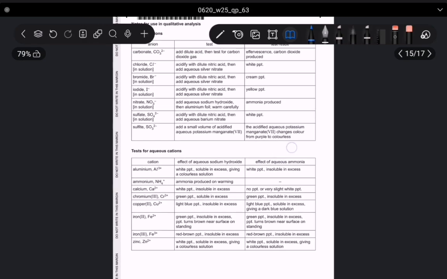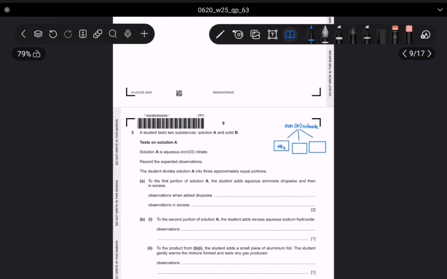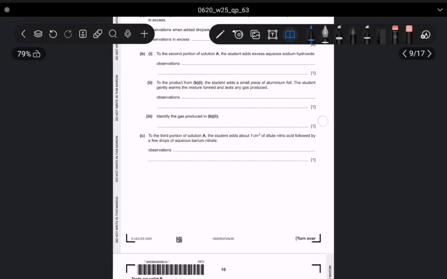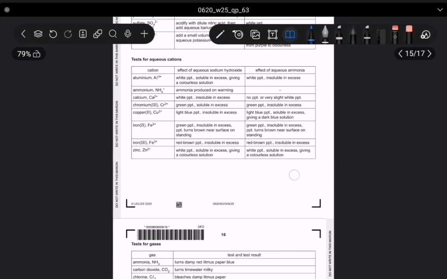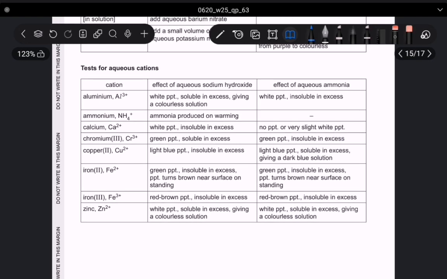We have iron and nitrate, and we're adding aqueous ammonia.